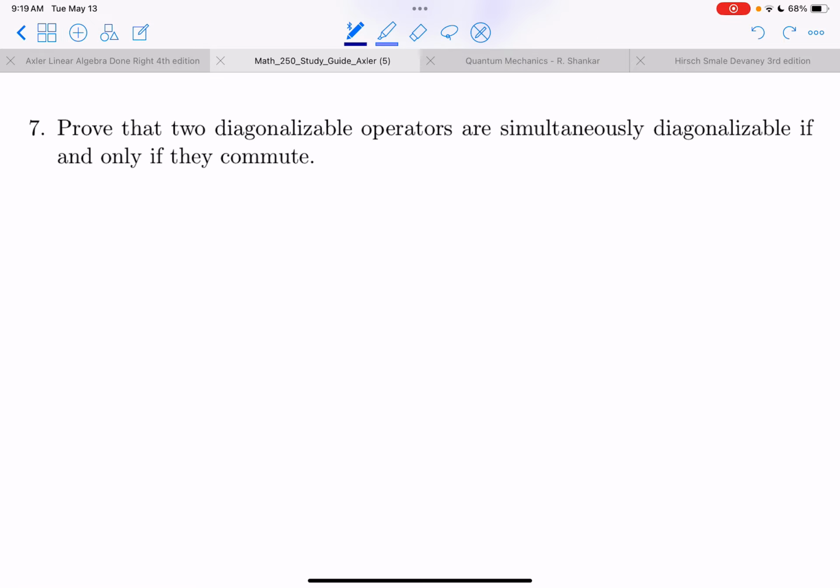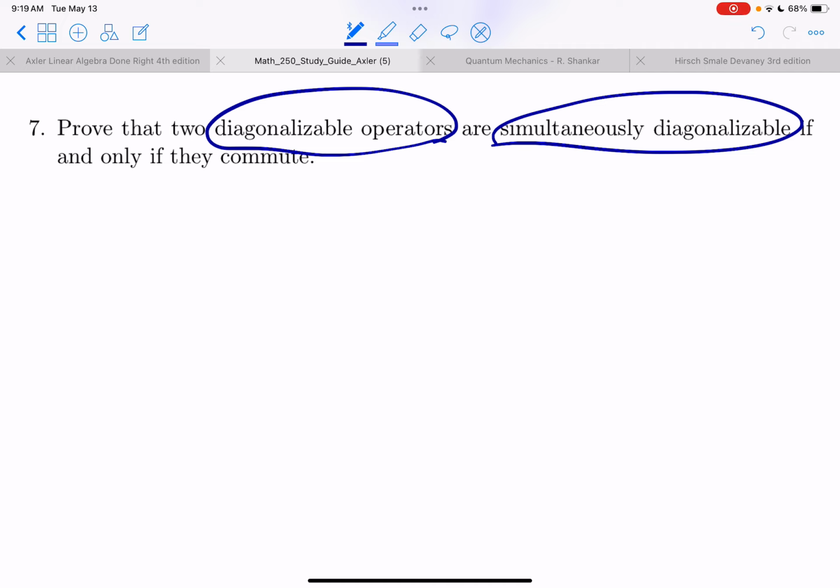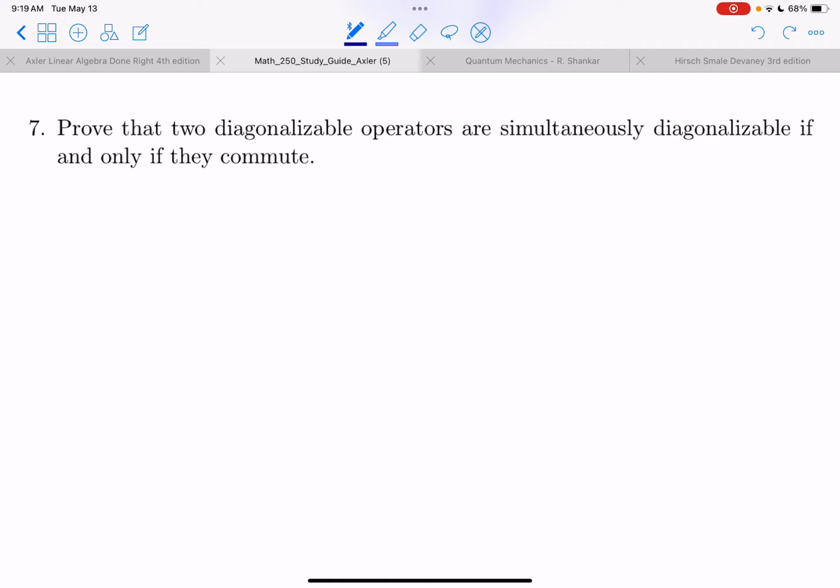Prove that diagonalizable operators are simultaneously diagonalizable if and only if they commute. If and only if means we need two proofs. So first, say T and S are simultaneously diagonalizable. What does that mean?